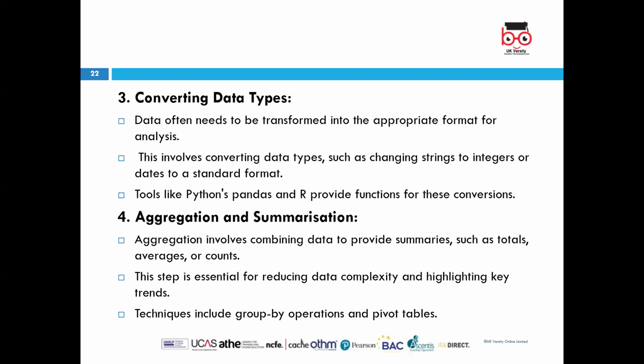Then there is aggregation and summarization, where aggregation involves combining data to provide summaries, such as a total, average, or count. These steps are essential for reducing data complexity and highlighting key trends.